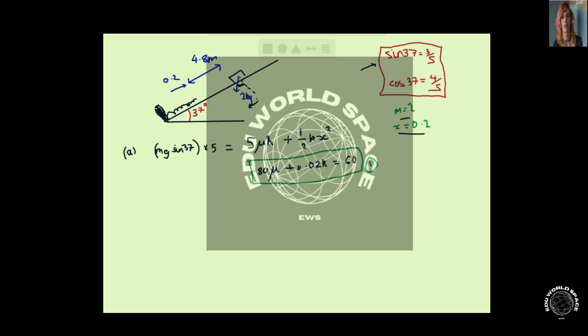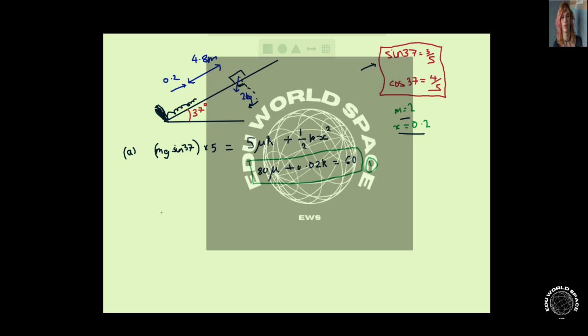So the second step is to apply the same work energy principle, however now for the upwards motion of the body. So again, we know that the initial elastic potential energy must be equal to the final gravitational potential energy, subtracting the work done due to friction.